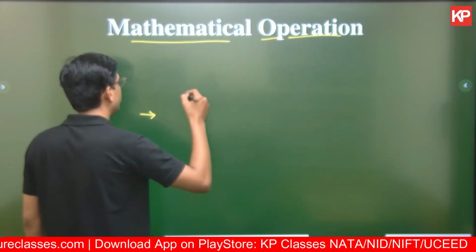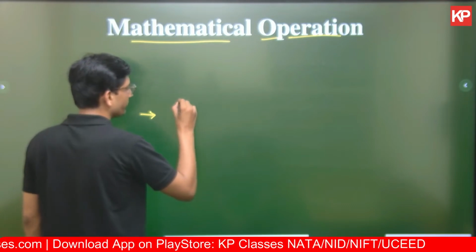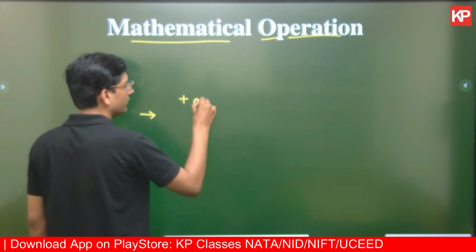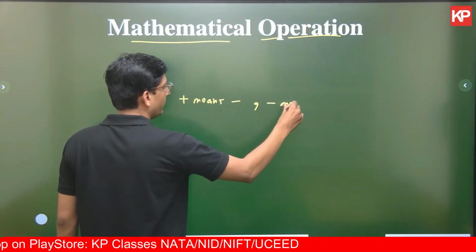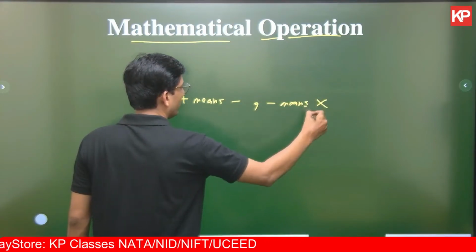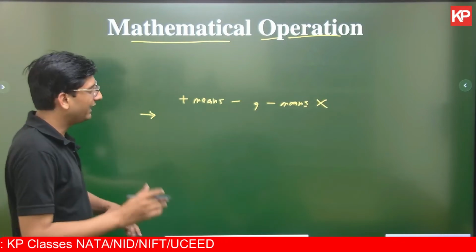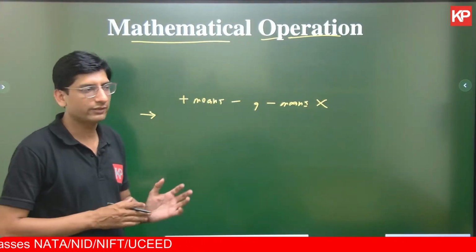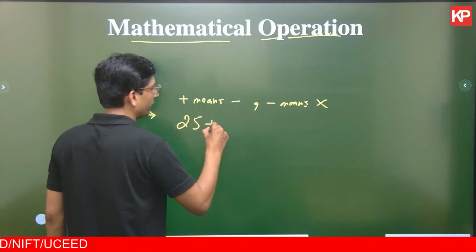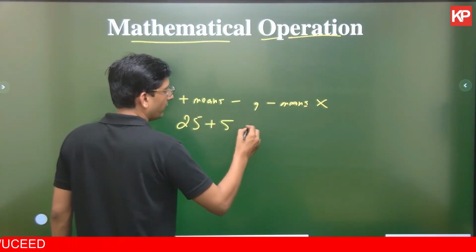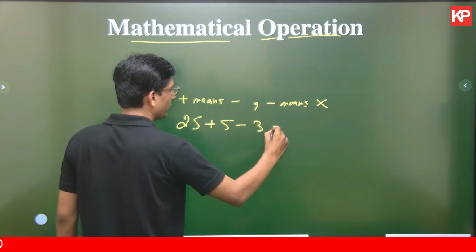Suppose, let me give you an example: plus means minus, minus means multiply, and so on. We will interchange all these 4 symbols, then an equation will be given to us. Suppose 25 plus 5 minus 3 is equal to question mark.